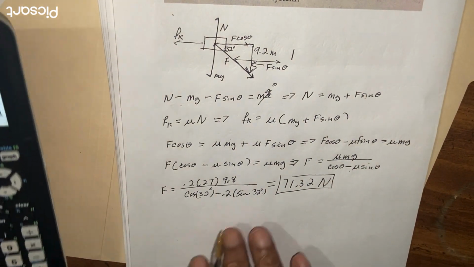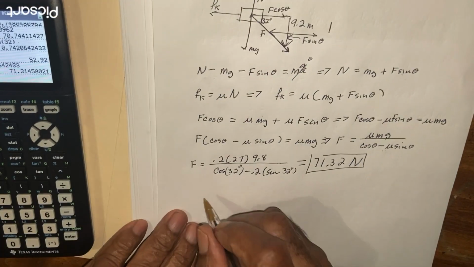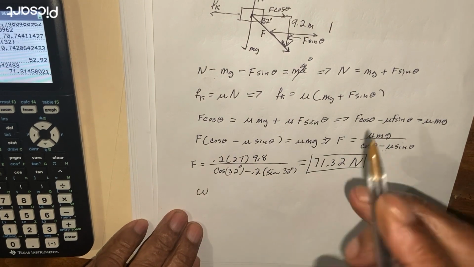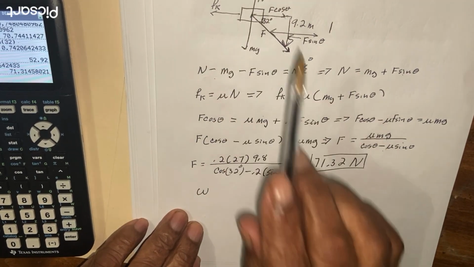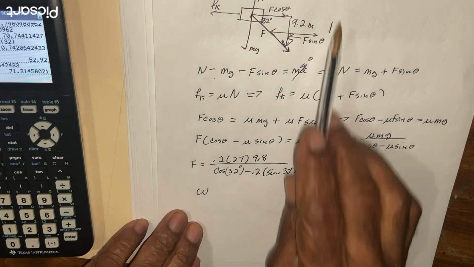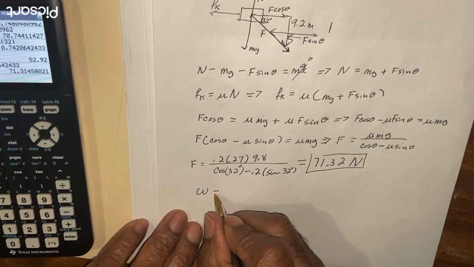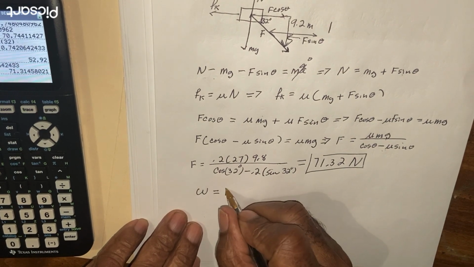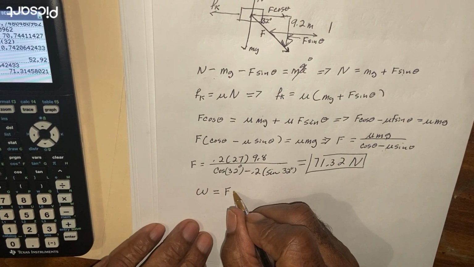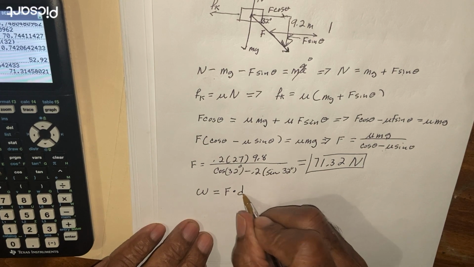Now, if we want the work done, we're doing all this, finding the force, just so we can calculate the work. That's why we're going through all this. Work is equal to force times distance.